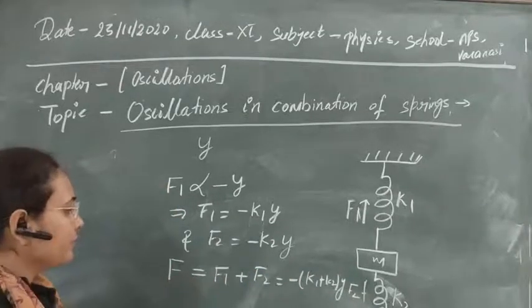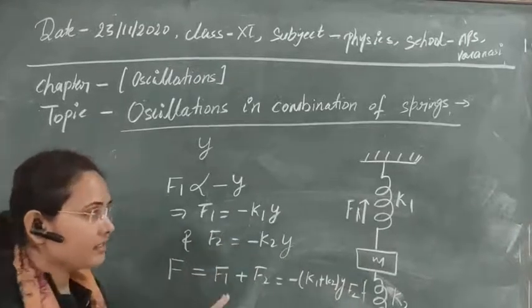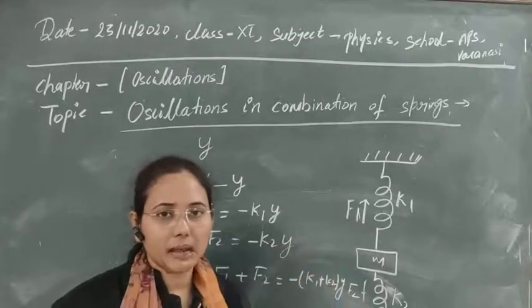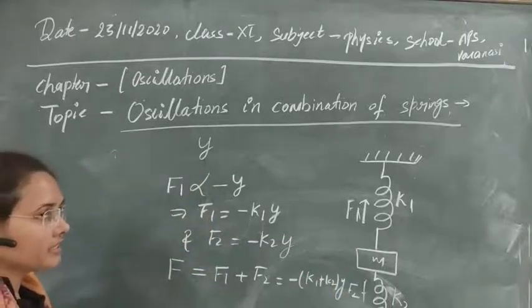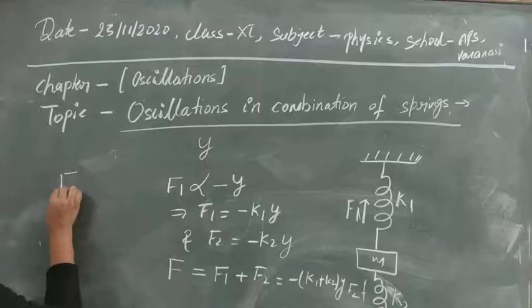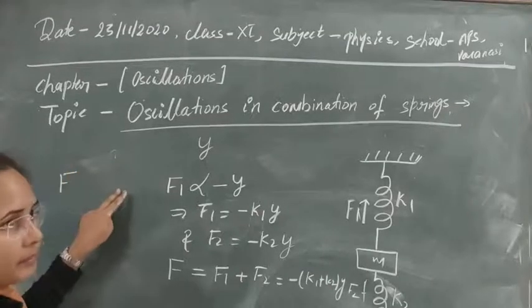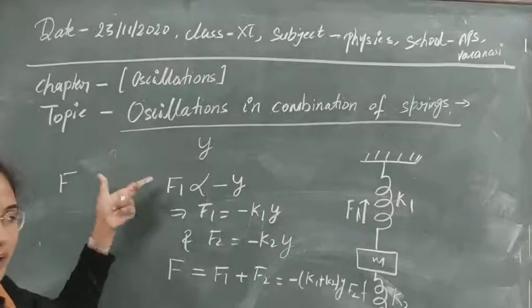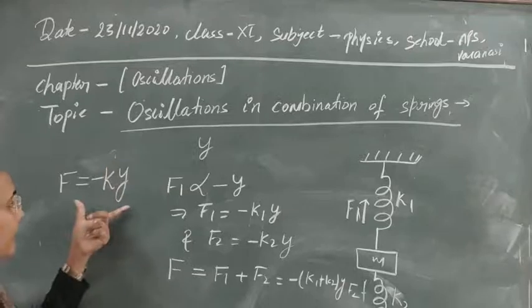If we take the whole system as a single spring with spring constant capital K, and extension y is produced, then the force will be directly proportional to the extension, so we obtain ky.